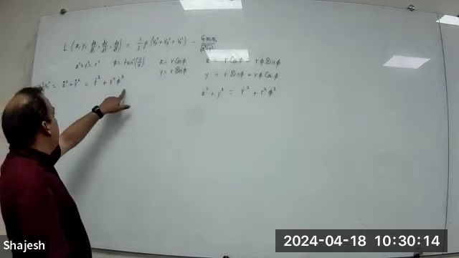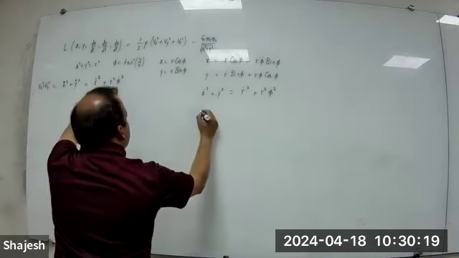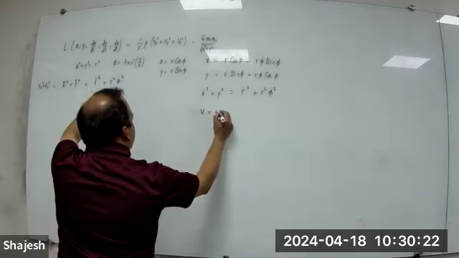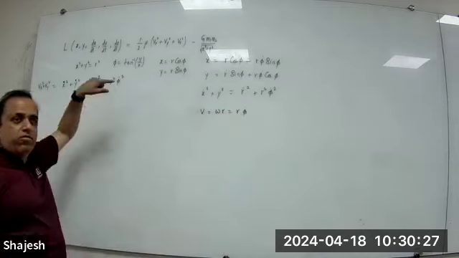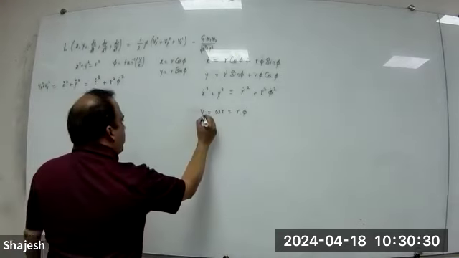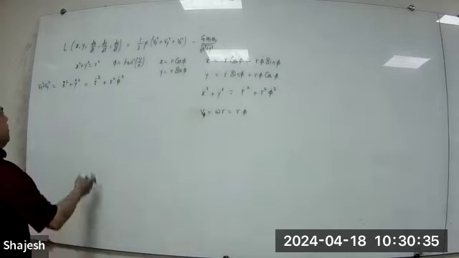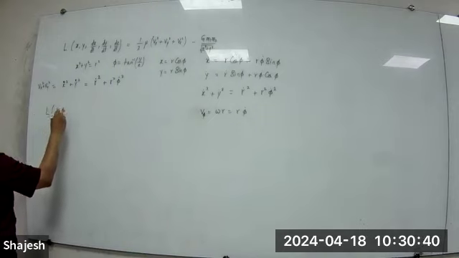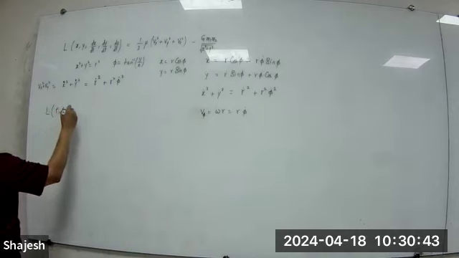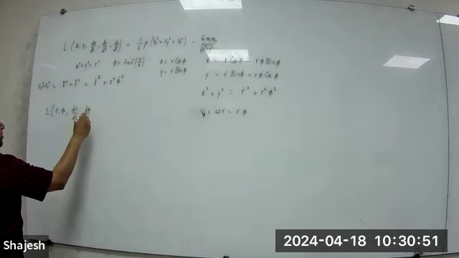So that's an angle, and this is the angular velocity, right? So this is nothing but v equals omega r, that is r phi dot, which is the angular velocity. Let's call that v phi. So our Lagrangian then is a function of r, phi, the velocity with respect to r, dr by dt, and d phi by dt, the angular velocity.